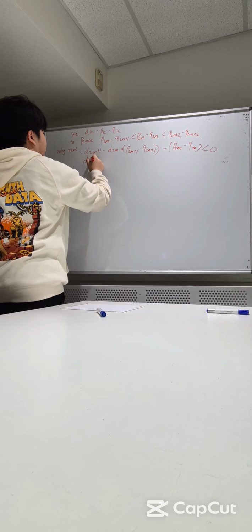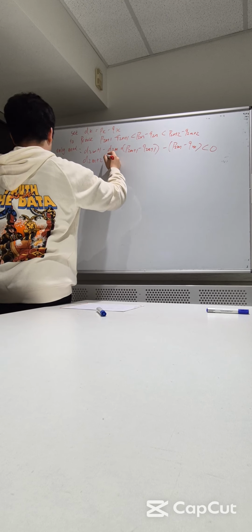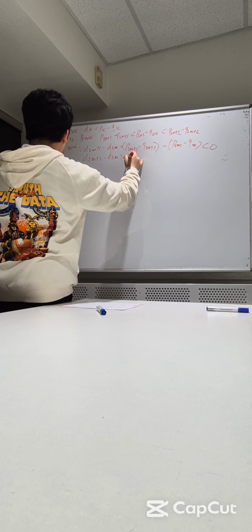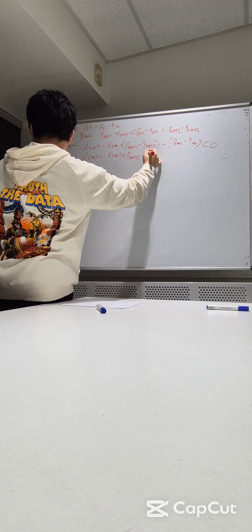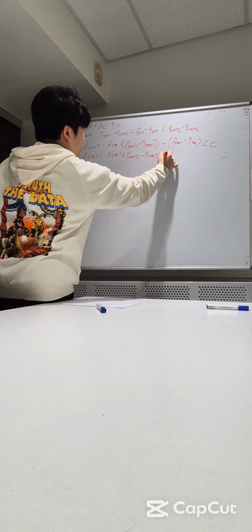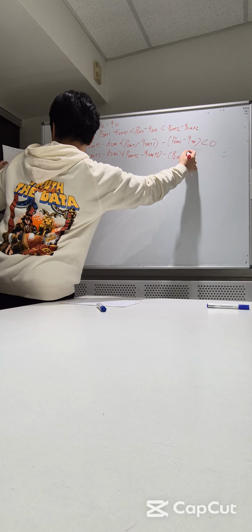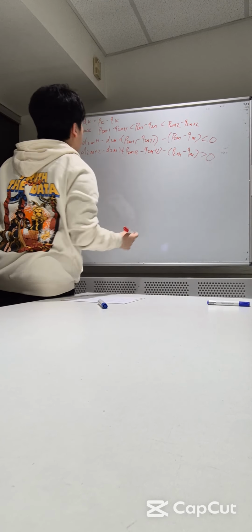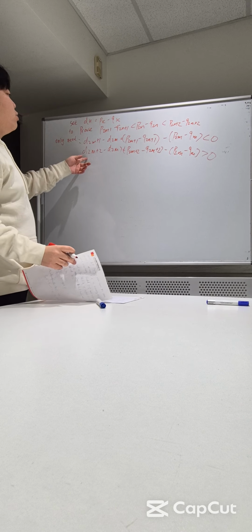And we have to prove that d to m plus 2 minus d to m, equal to p to m plus 2 minus q to m plus 2, is greater than 0. It's the same thing, but you just add one more. And that is how we're going to prove it.